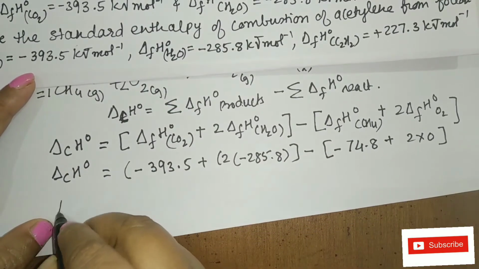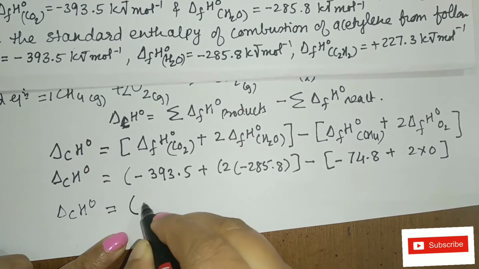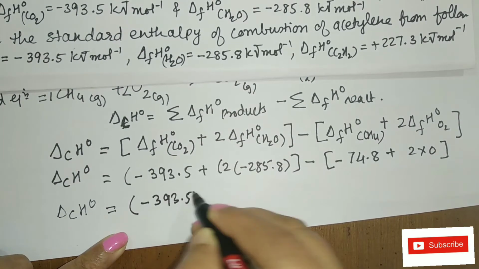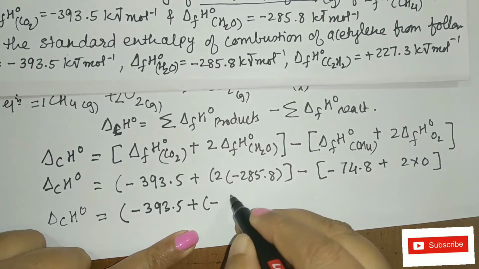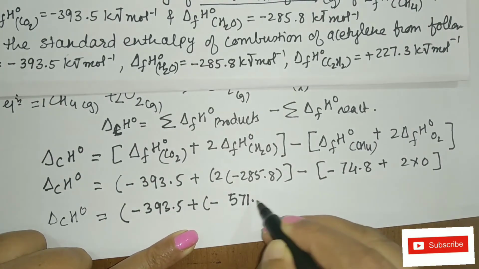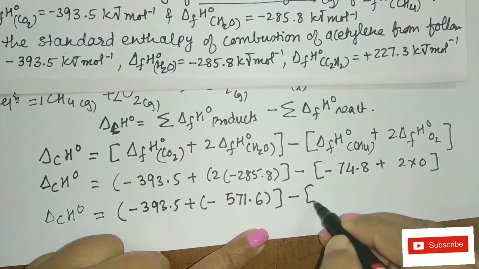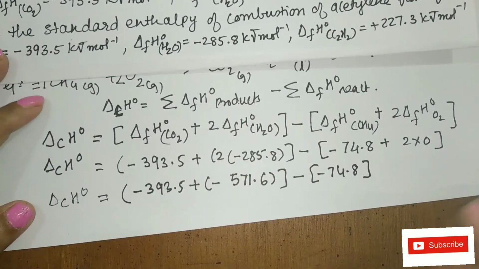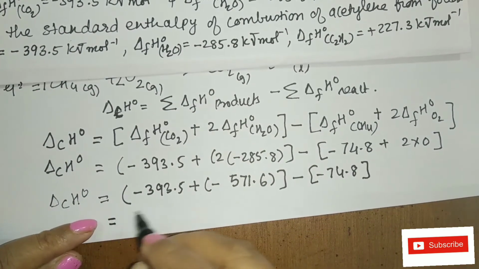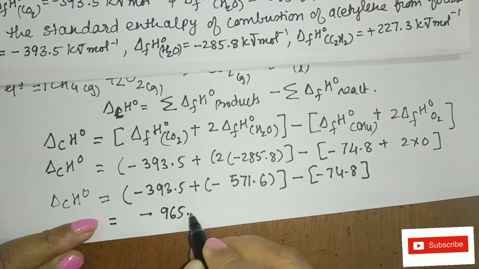Now let us calculate this. So this standard enthalpy is equal to 393.5 plus, after multiplying by 2, 571.6. So minus, this will be 74.8 plus 0. Let us open up the brackets and do the calculation. This will become minus 965.1.